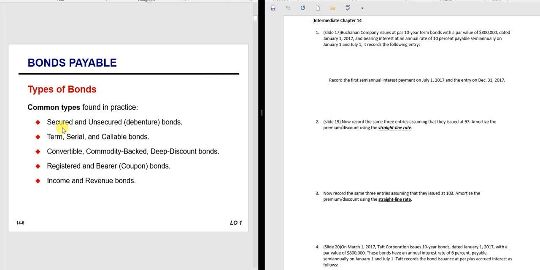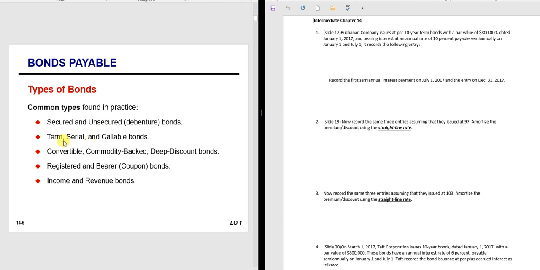Unsecured bonds, you get because of the full faith and credit of the organization. If you had a strong organization that has paid back bonds all their existence, maybe you don't require any collateral simply because they've always paid them back and they're a strong company.